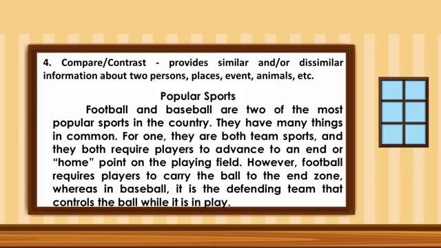For one, they are both team sports, and they both require players to advance to an end or home point on the playing field. However, football requires players to carry the ball to the end zone, whereas in baseball, it is the defending team that controls the ball while it is in play.